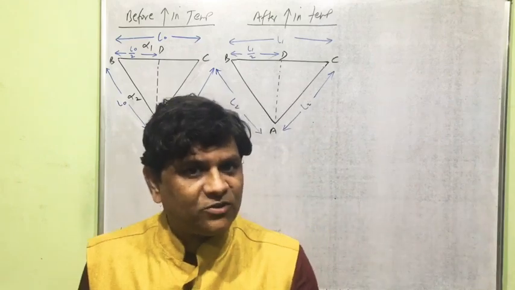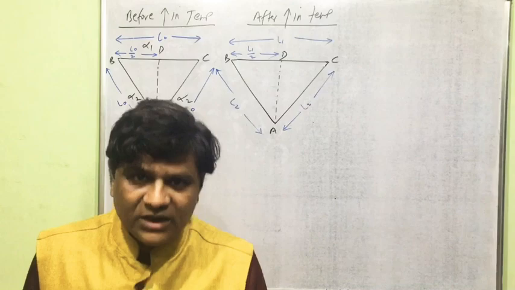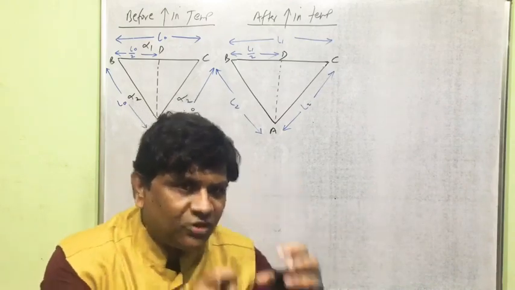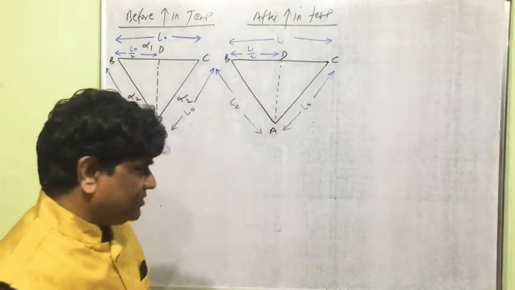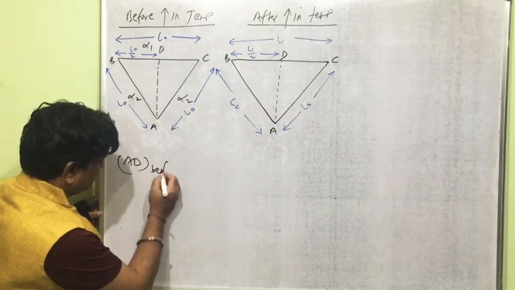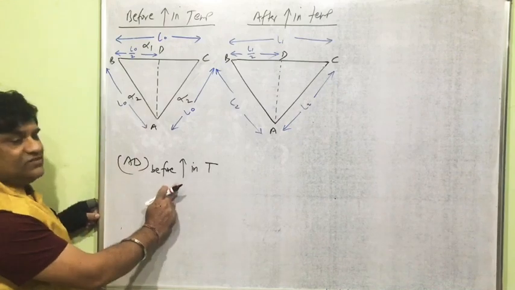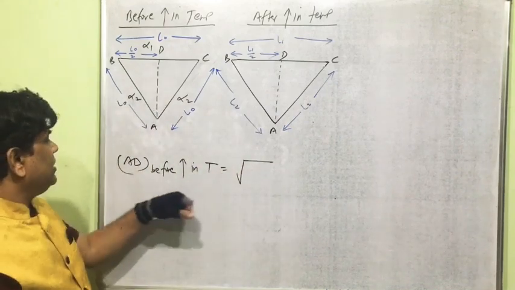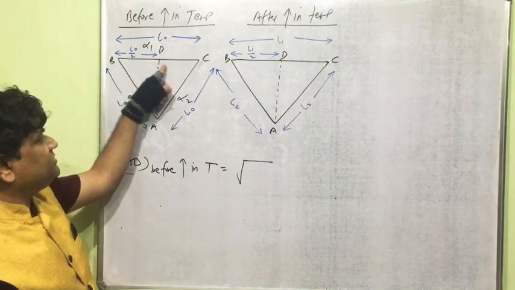So we will first have to find AD before rise in temperature and AD after rise in temperature. Both ADs we can equate. What is AD before rise in temperature? By Pythagoras theorem, AD is equal to root over AB square minus BD square.